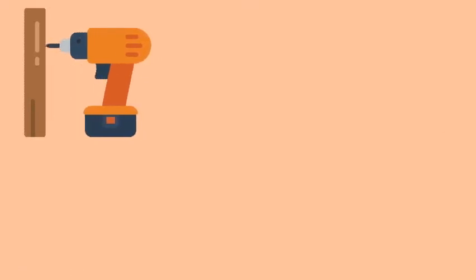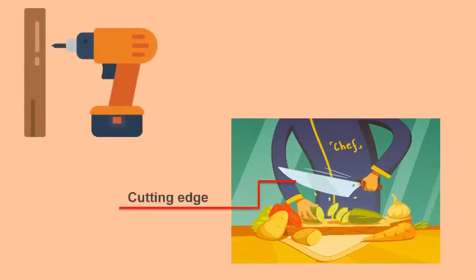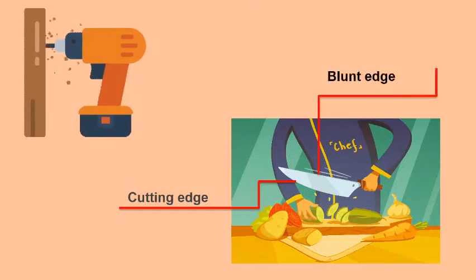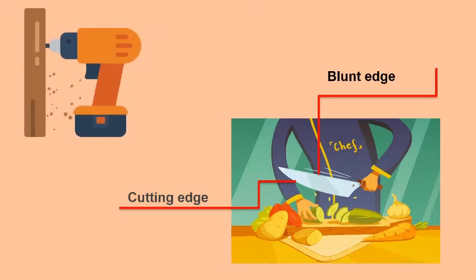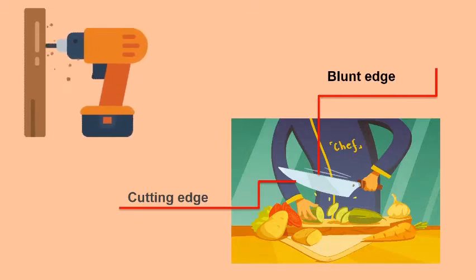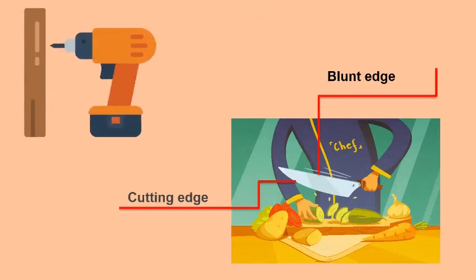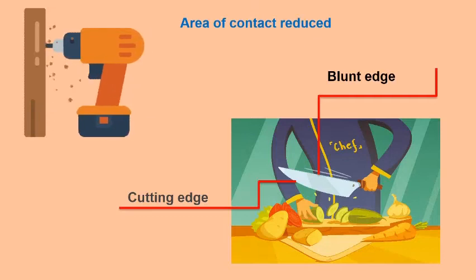Well, at first sight, the two edges might look the same to us, but if you look at them carefully, the cutting edge has small triangular serrations which stick out as points. The other edge has nothing of that. So if you cut a vegetable with the cutting edge, the area of contact reduces.